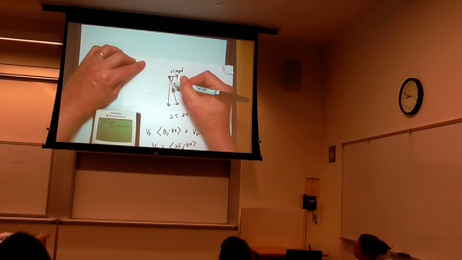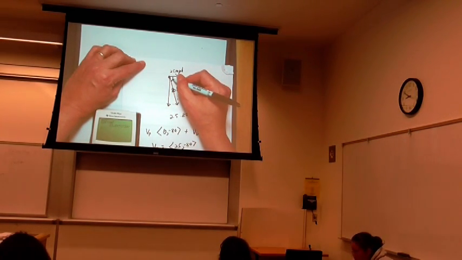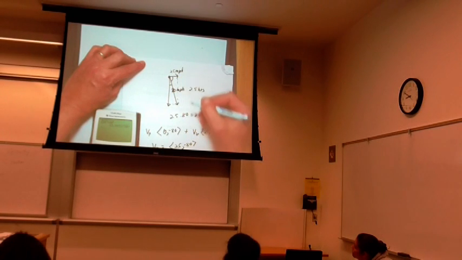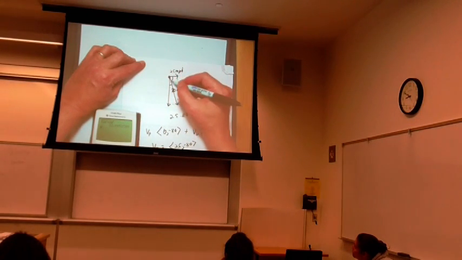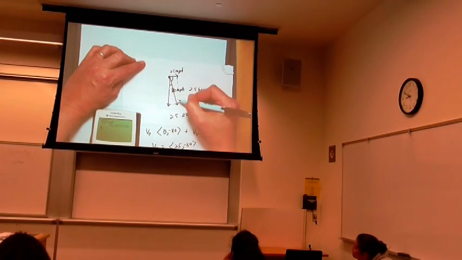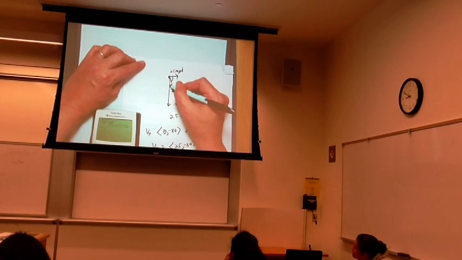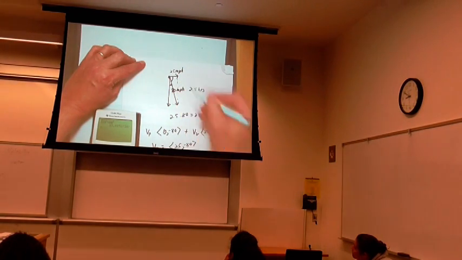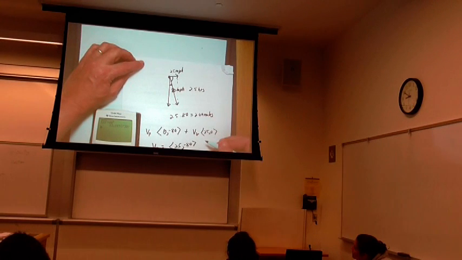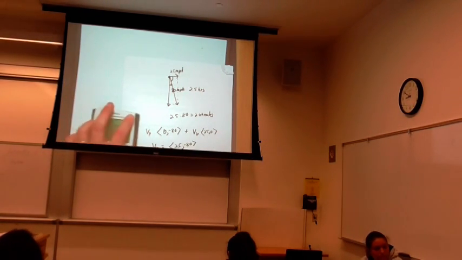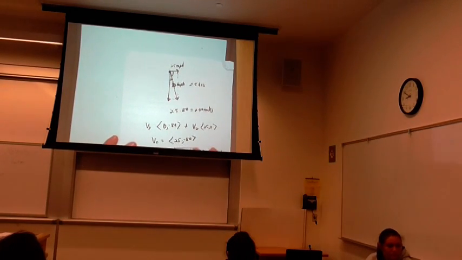The question is, do we want to find this angle or this angle? This angle we would say is south of east, and this angle we would say is east of south, and they're complementary. So it's just a matter of using a little trigonometry.